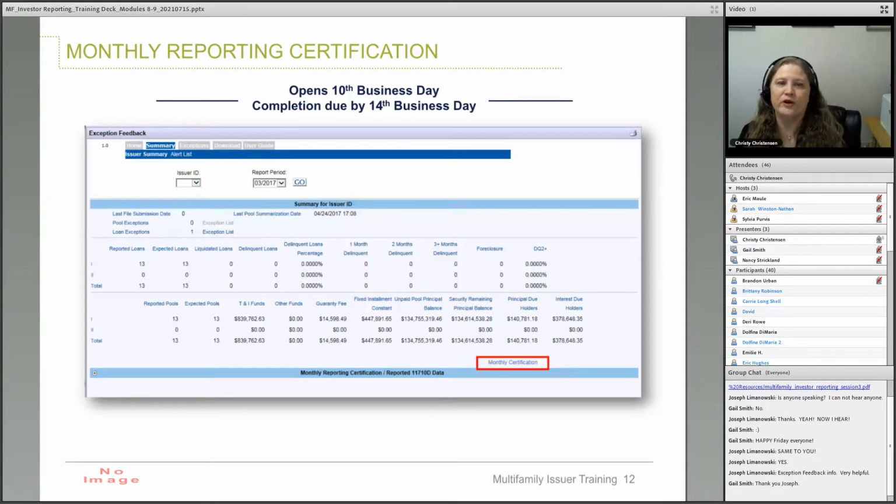The monthly reporting certification opens on the 10th business day, with the deadline being 7 p.m. Eastern Time on the 14th business day. To navigate to this screen, hover over RFS, click Exception Feedback, then click the Summary tab. The monthly certification link can be found in the lower right-hand corner, highlighted with the red box on this slide.